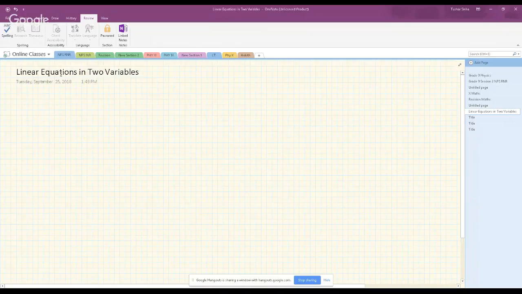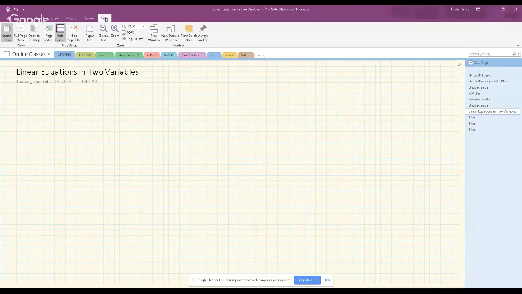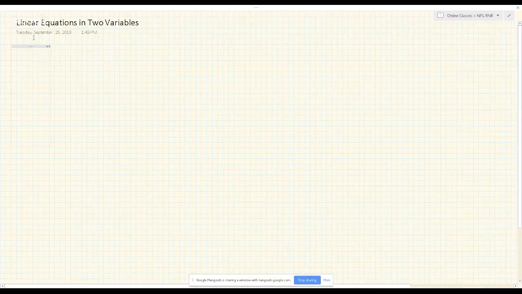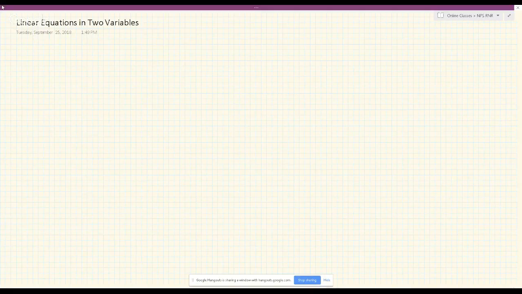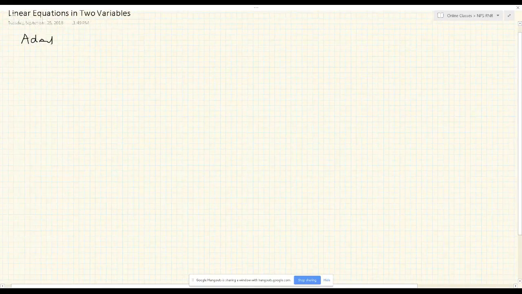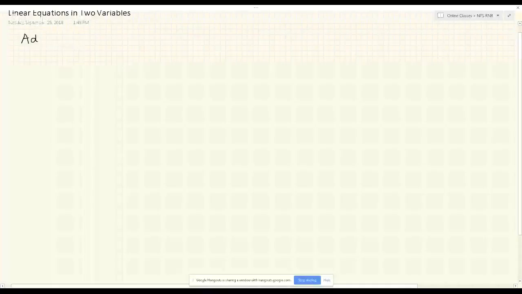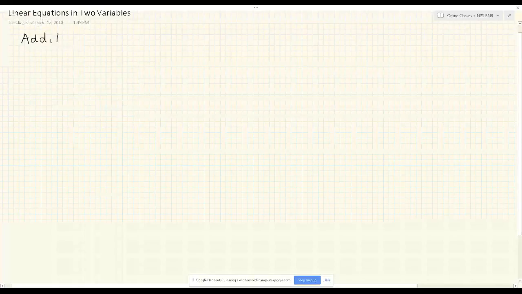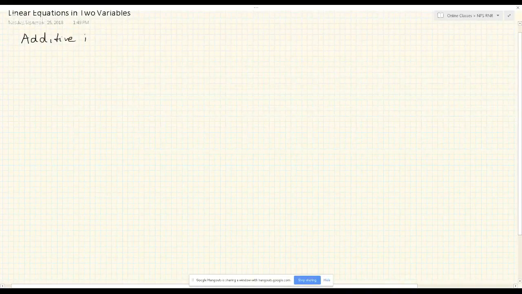Let me go to full view. So additive inverse. Let's take this topic first. Arpita shared a few questions.